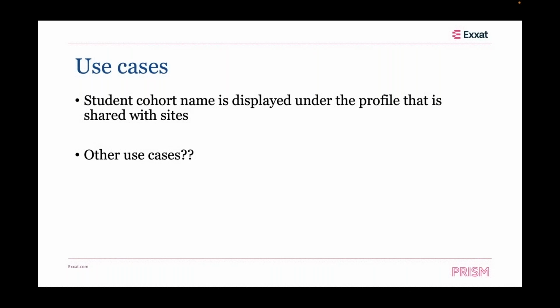So Vishaka, I think the comment was the cohort, if it is an older cohort, then that is telling the site the student has decelerated, that's a FERPA violation. Did I get that comment correct? Yes, yes, yes.